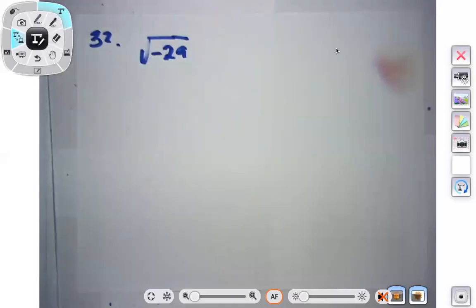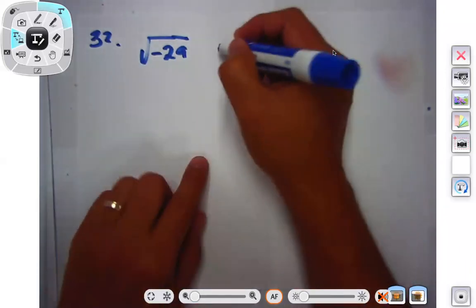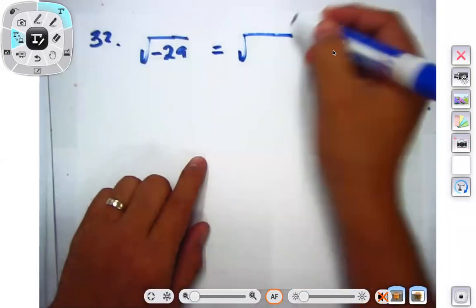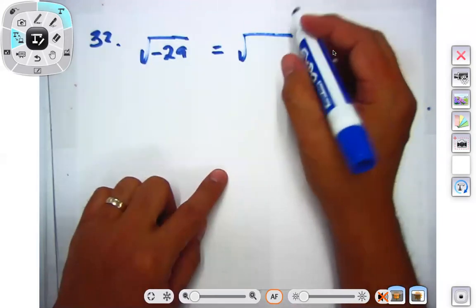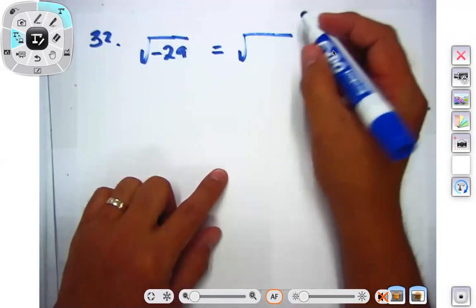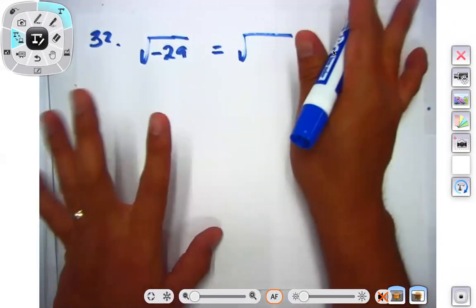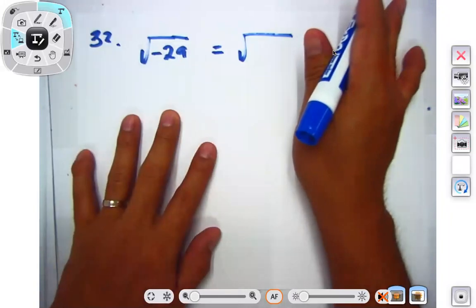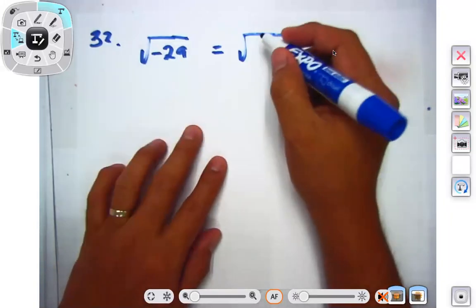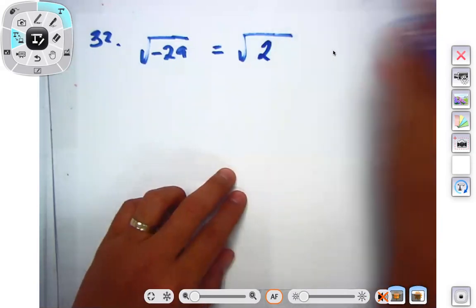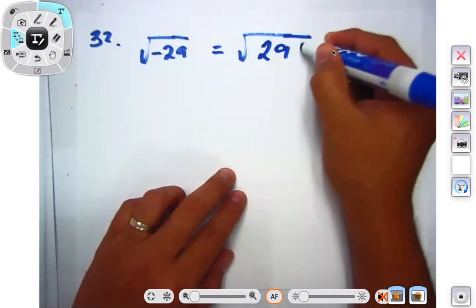Let's simplify also the square root of -29. We can rewrite -29 as a product of 29 and -1.